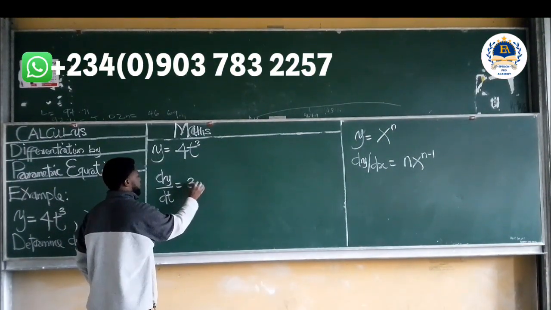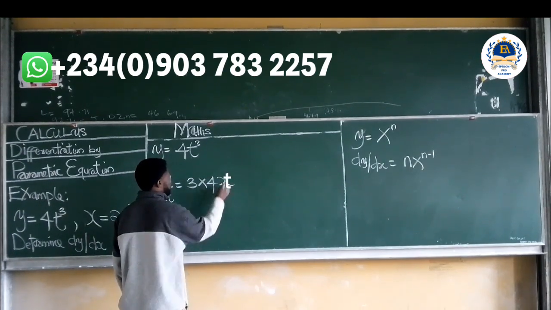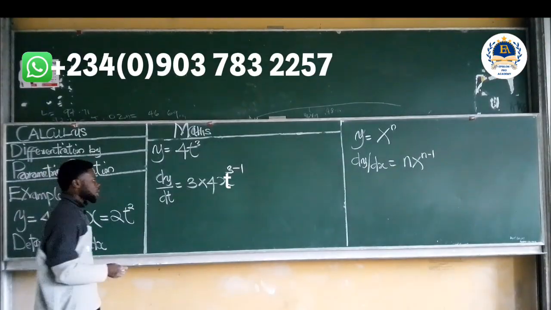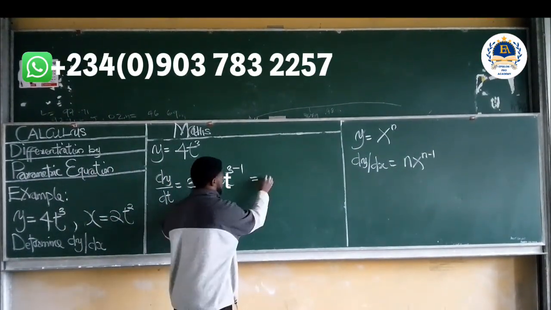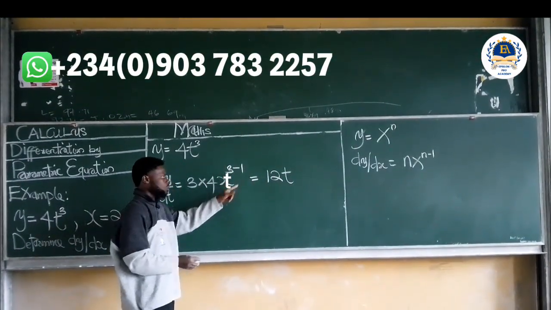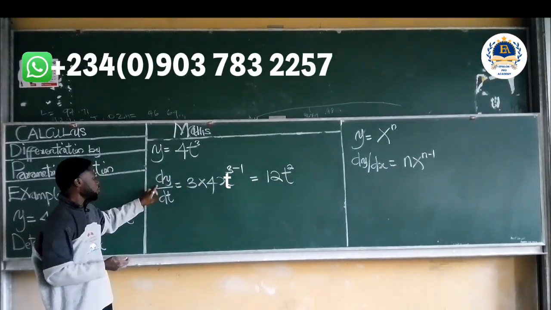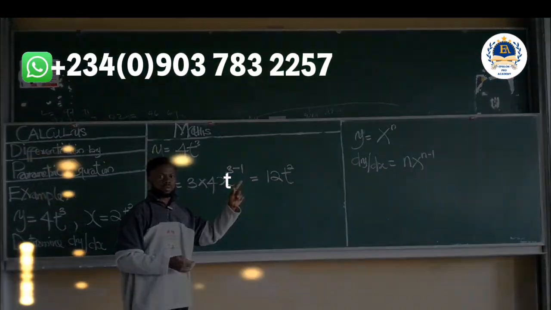That is 3 times 4, then t raised to the power of 3 minus 1. So 3 times 4 is 12, and 12t raised to the power of 3 minus 1 gives 2. That is to say, dy over dt is equal to 12t raised to the power of 2.